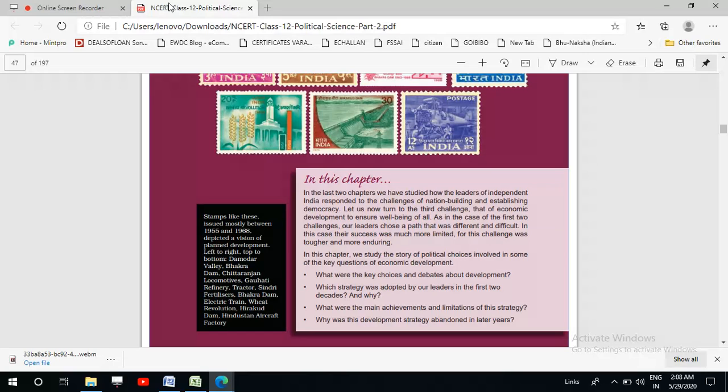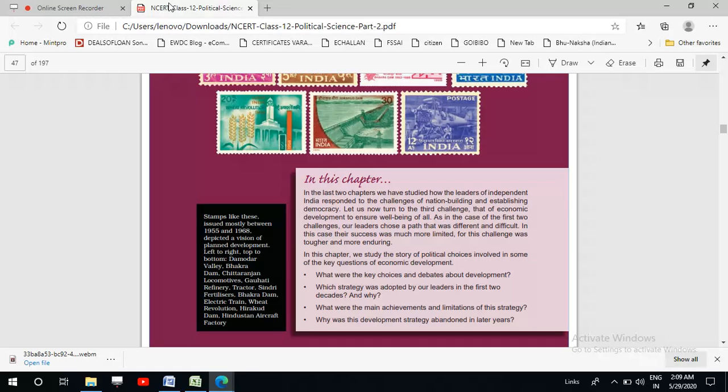And in this regard, we will see how our leaders adopted a new model of economy that was called mixed economy. And then planned development was the most important feature of our economic development.